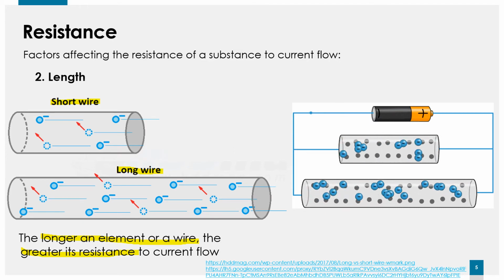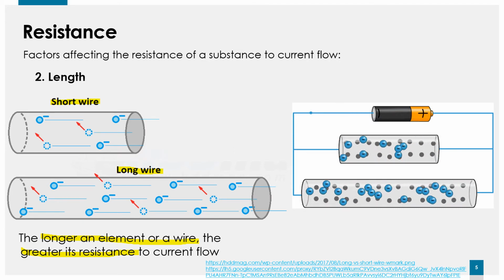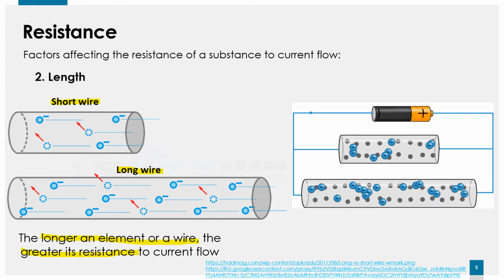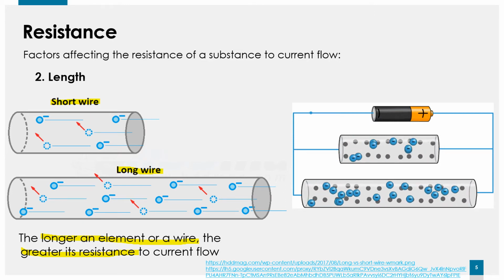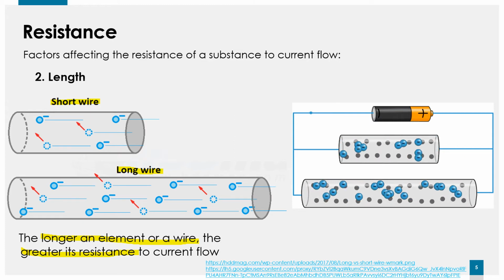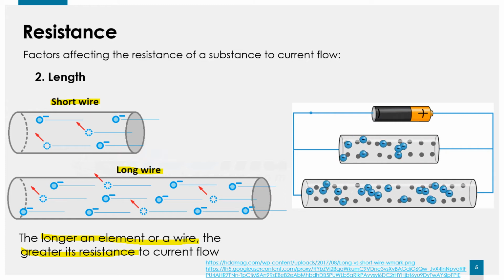Because the length is short, so they have less space to touch, so there is less chance for resistance to happen. While in a longer one, there is a long way to pass, so they are going slowly because there is more surface of contact, so they go slower and slower because there is more resistance. Okay, so the longer the wire, the higher the resistance.